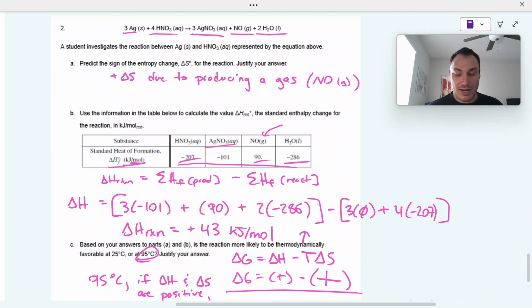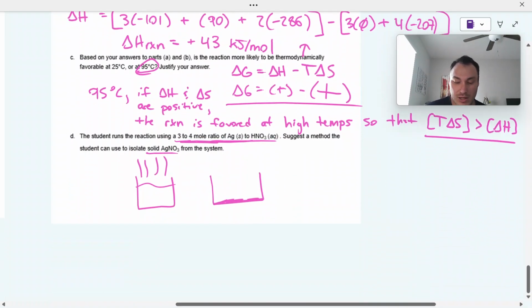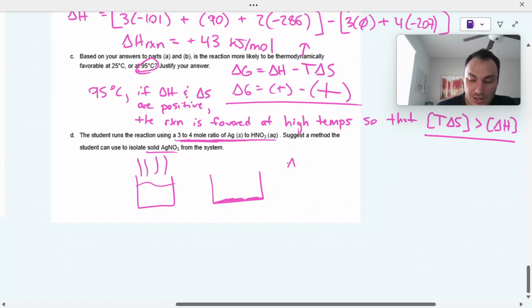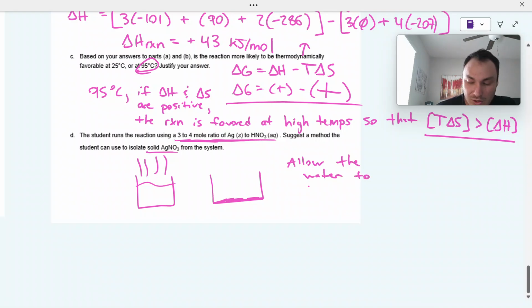Then we're left with aqueous silver nitrate and water. When we evaporate the water, that turns the aqueous into solid because all the water is gone. If we evaporate all the water in an aqueous solution, the ionic compound has no choice other than to reform the solid. So the answer is just allow the water to evaporate completely. And that's it.